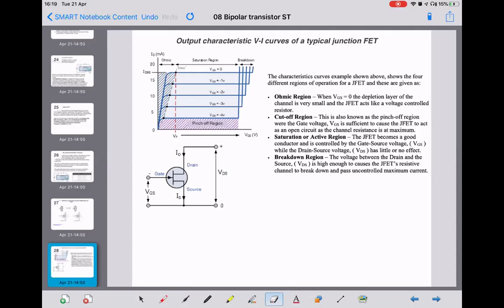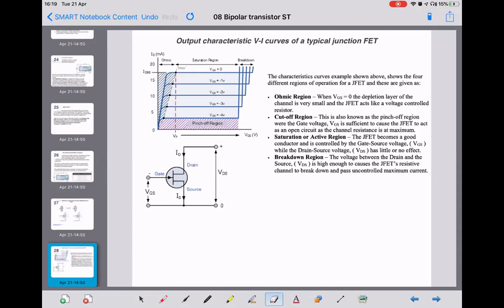Right, then characteristic curve. So we've got an ohmic region. This is where V gate to source is 0. The depletion layer of the channel is very small, and this FET then acts like a voltage controlled resistor. So it's just like having a resistor, and the current will flow straight through it.